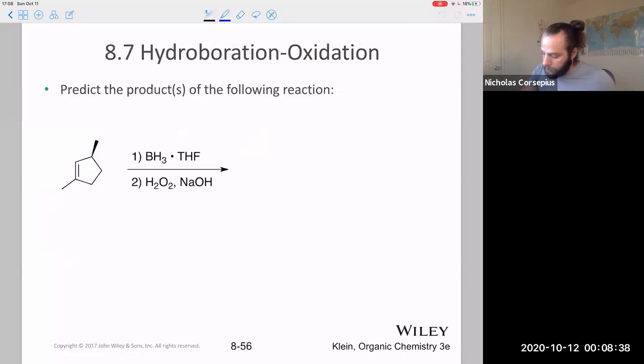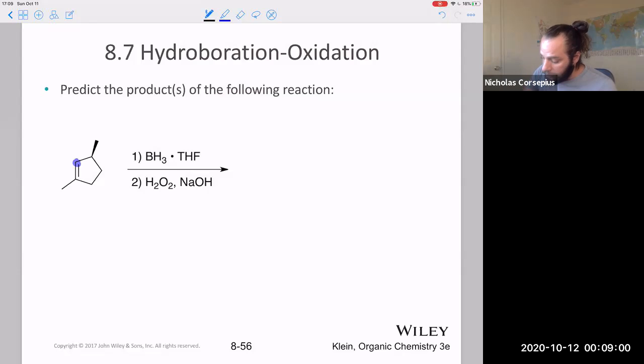Okay, so let's take a look at another example here. I have 2 vinyl carbons. Which one is going to actually receive that OH group? Right? So anti-Markovnikov addition, so it's going to be the less highly substituted.